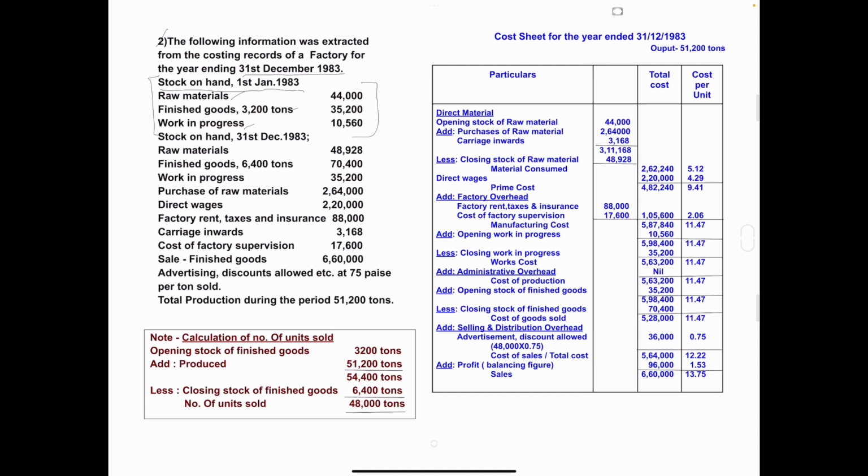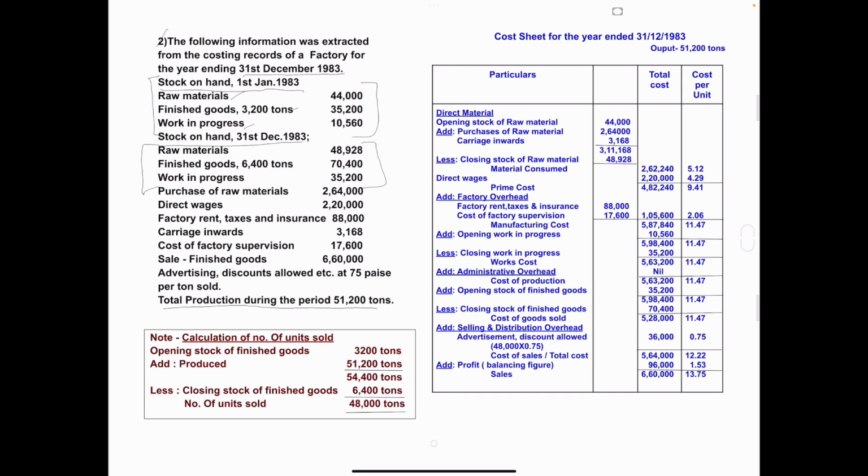And the next is stock on hand on 31st December 1983, that is closing: closing stock of raw material, closing stock of finished goods and closing work in progress. And certain items they have given. And during the year, total production is 51,200 tons. So taking all this information, we have to prepare cost sheet to find out total cost and cost per unit. Okay, we'll start the solution.